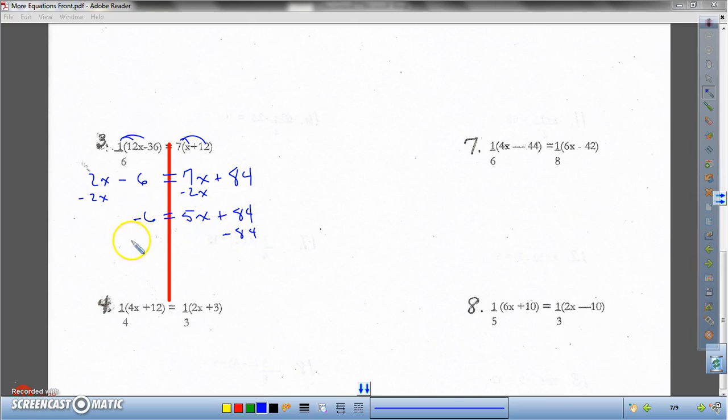Okay, so get rid of your 84. 5x comes down. Negative 6 minus 84 is negative 90. And then undo the multiplication by dividing by 5 on both sides. Negative 90 divided by 5 is, let's see, negative 18.